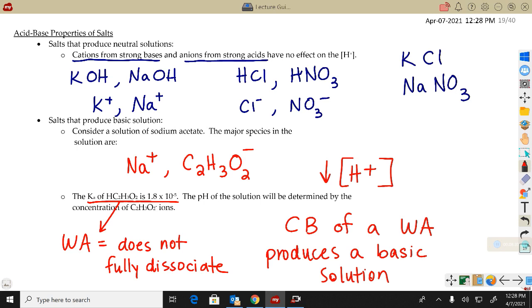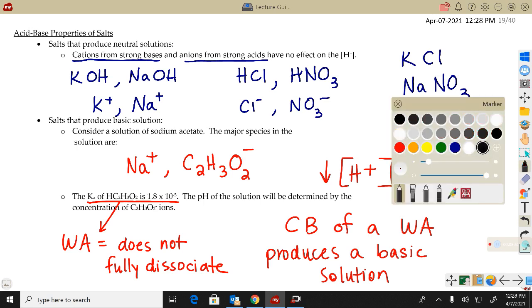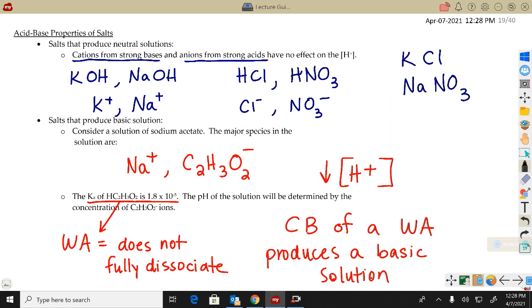So if I just have the acetate ion and I put it in a solution, even if there's just sodium acetate and water, here's what's going to happen. Let's see if I can squish it in there. The sodium is a spectator, but the acetate ion, in the presence of water, is going to act like a base.